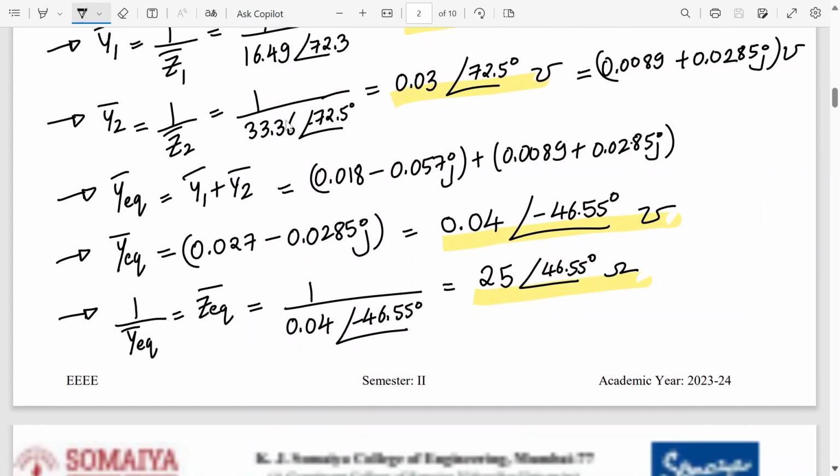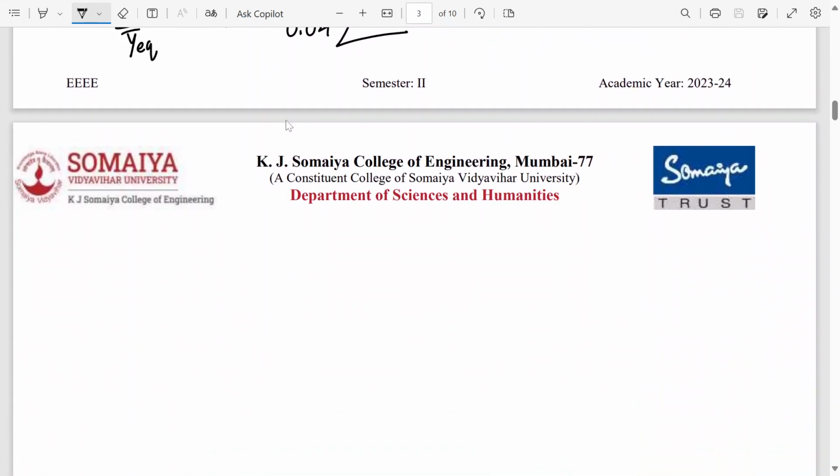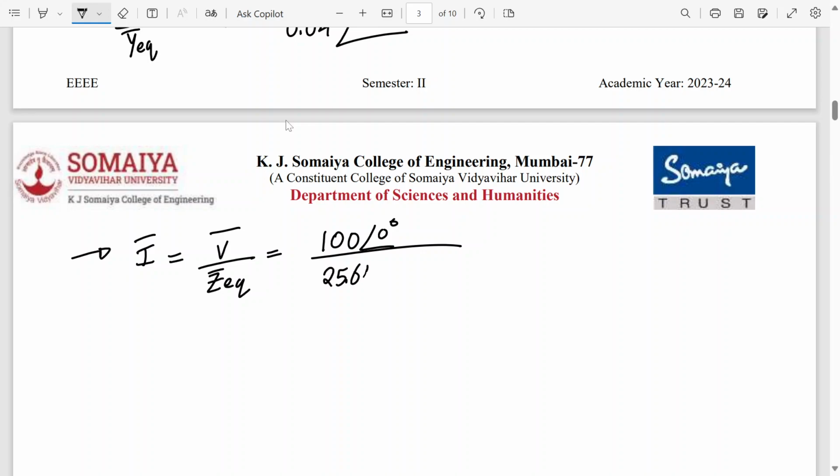So let's go for the circuit current. Circuit current I is given by, let's go for the familiar term, V upon Z equivalent. So V is how much? 100 angle 0. Z equivalent is 25 at an angle 46.55. How much is the answer?